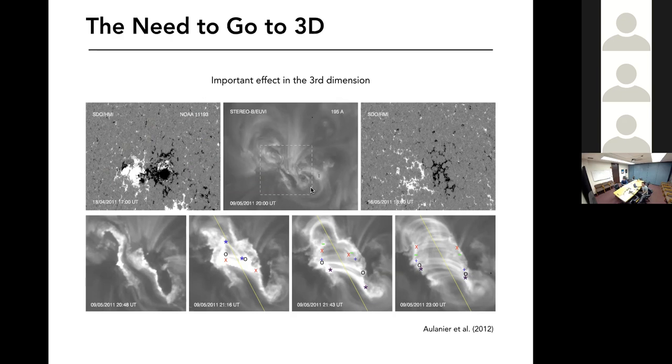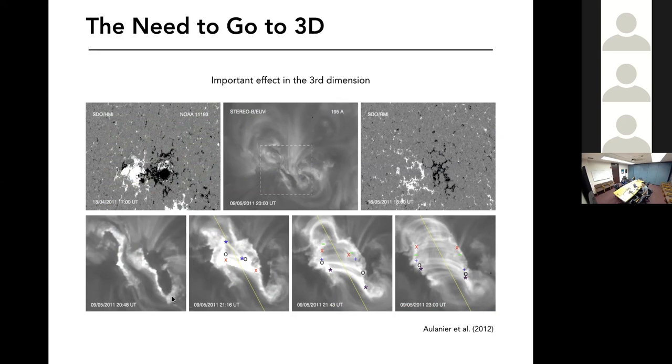Another effect that cannot be modeled in 2D is the flare ribbons. In 2D, you have two ribbons that are symmetric with respect to the neutral line. But in reality, the flare ribbons do not appear symmetric with respect to the neutral line. In fact, they appear to move along the ribbon, first in this direction.